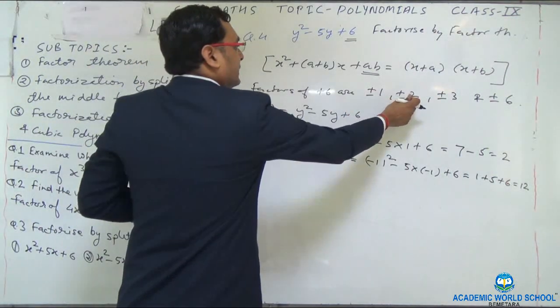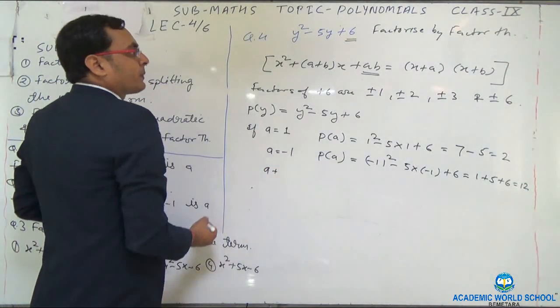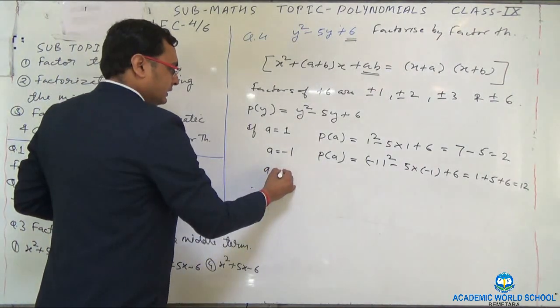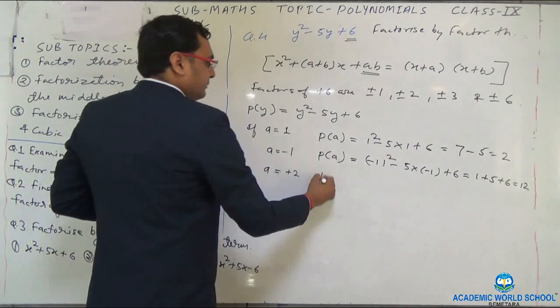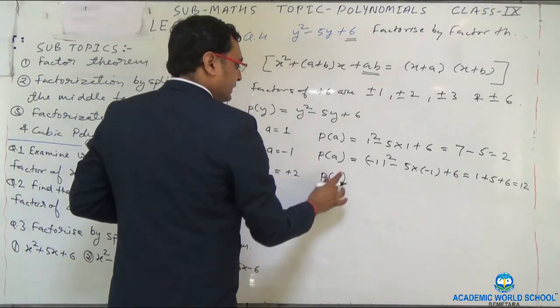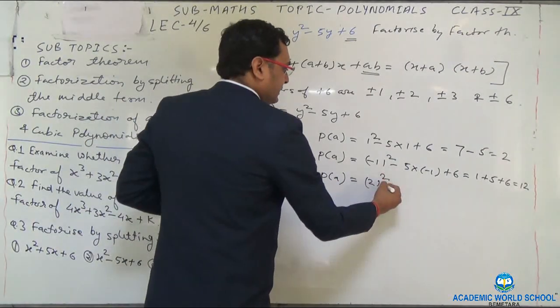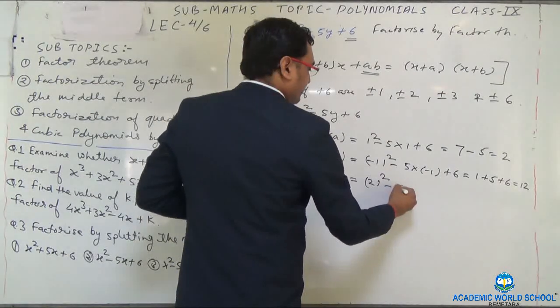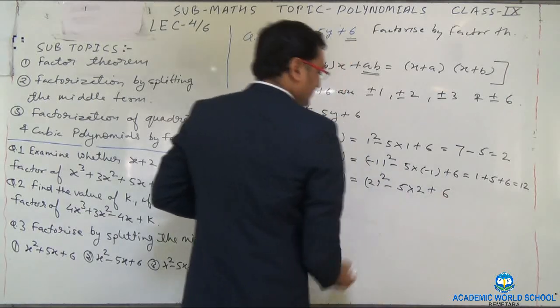So look at another possible value of a, that is a is equal to plus 2. Let a is equal to plus 2, then P(a) will be equal to 2 square minus 5 into 2 plus 6.